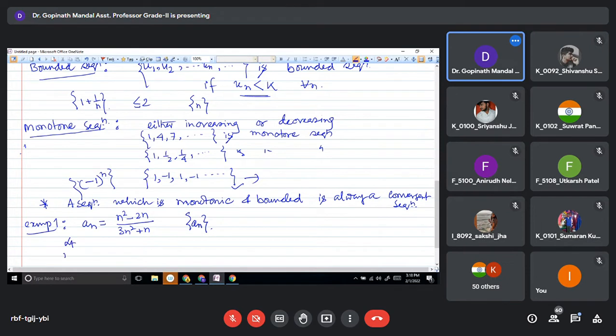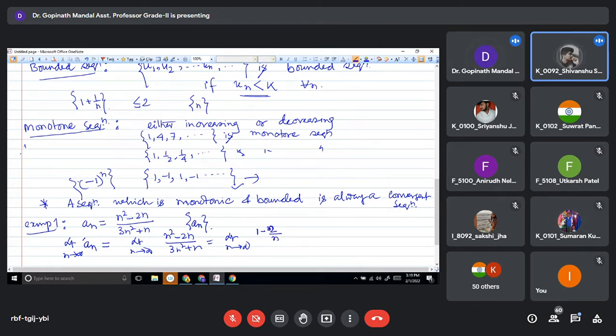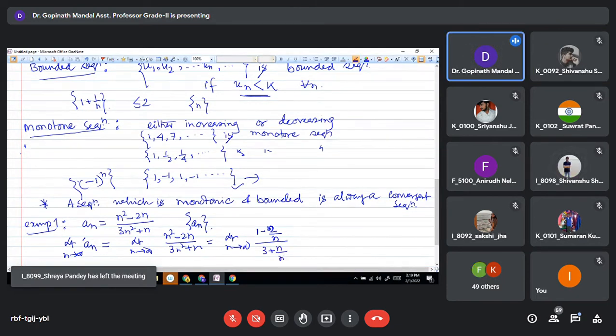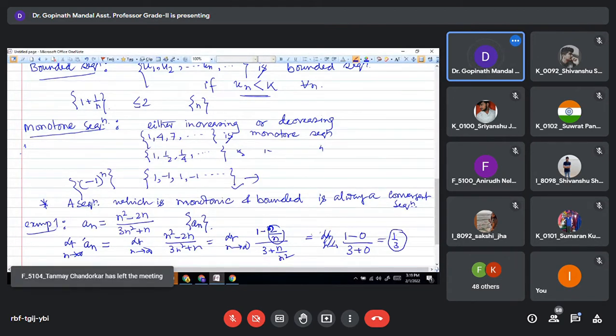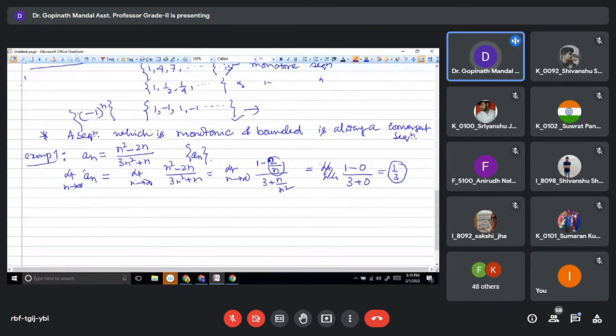So limit as n tends to infinity of an, which is (n^2 - 2n)/(3n^2 + n). Divide by n^2: the limit is (1 - 2/n)/(3 + 1/n). As n tends to infinity, 2/n is 0 and 1/n is 0, so the limit is 1/3, a finite number. So this is a convergent sequence.